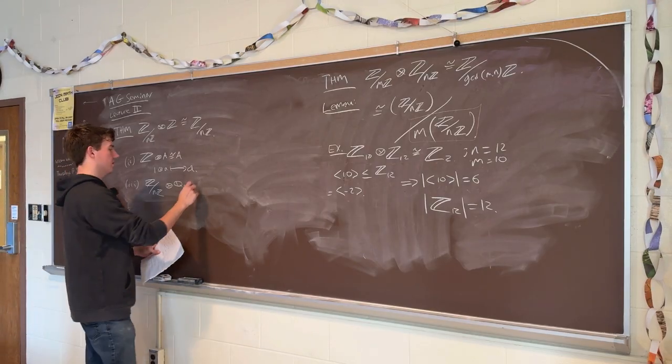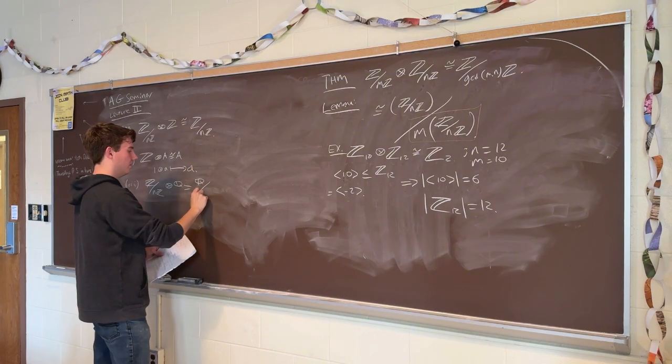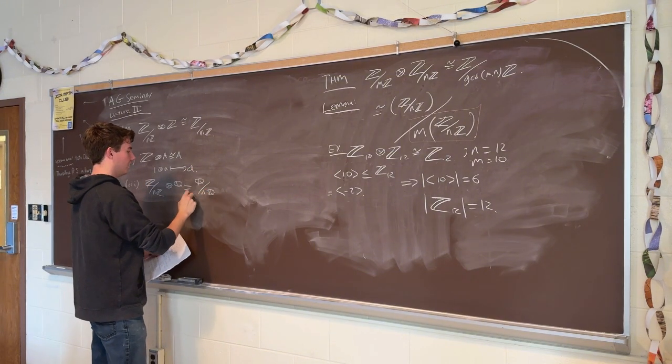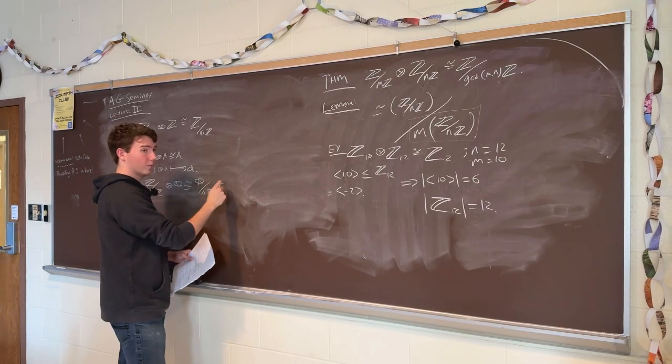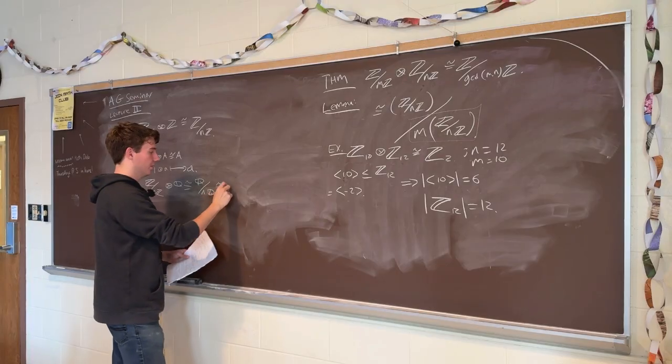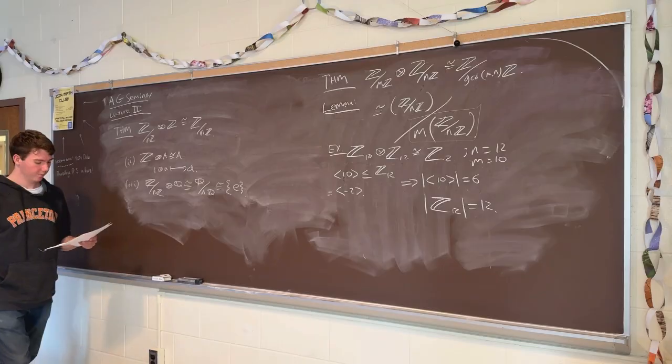Sorry for the confusion. By lemma, this is Q mod NQ, which is trivial. This is Q mod Q. So we get the trivial ring.